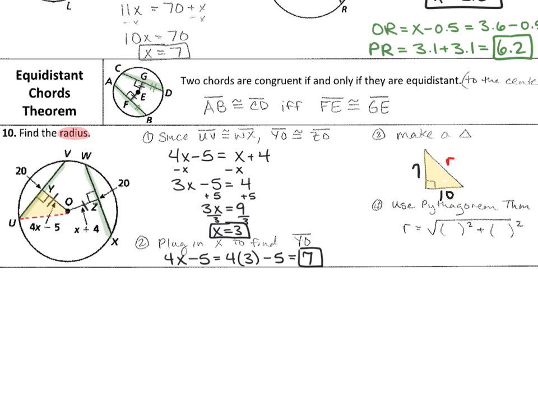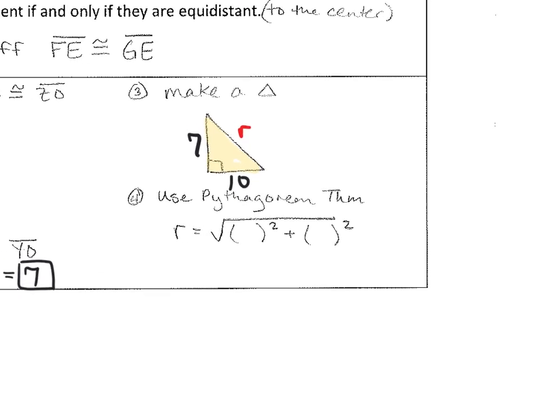So now I have my entire triangle figured out. I have a side worth 7, and that's a weird looking 7. Let me try writing it again so it doesn't look weird. We have a triangle with sides that are 7, 10, and a radius that we need to find. That's a right triangle, so all of our right triangle geometry, which we learned previously, matters. So we're going to use Pythagorean theorem to solve for that missing r.